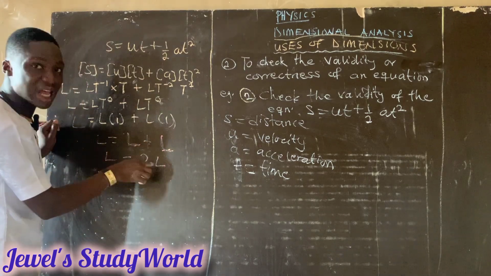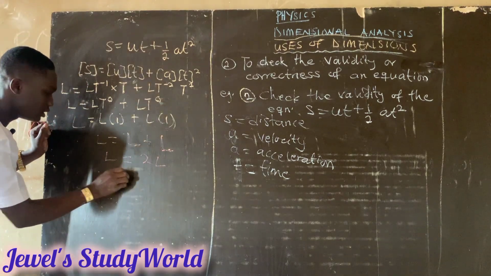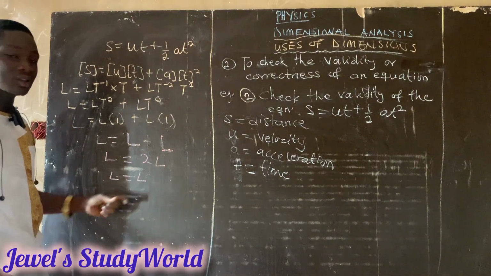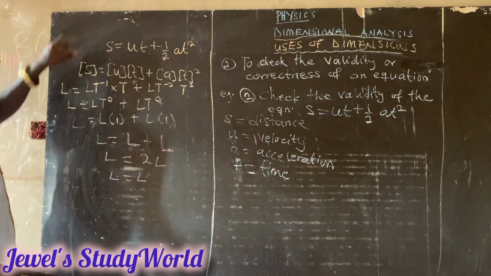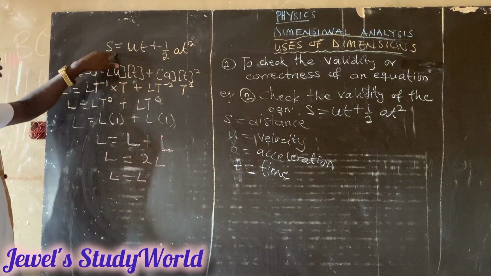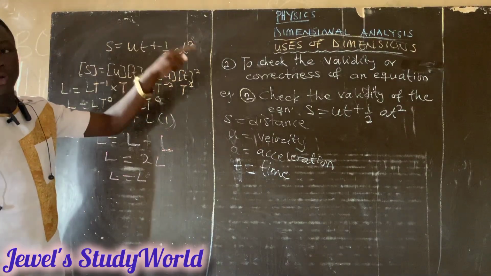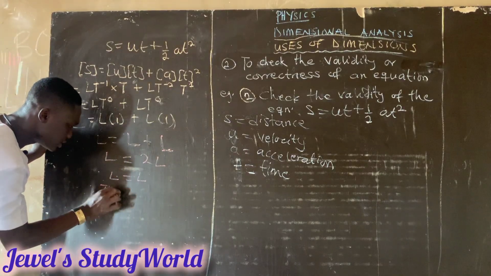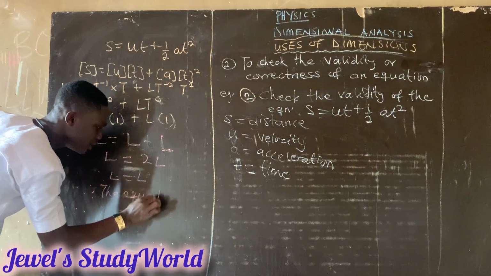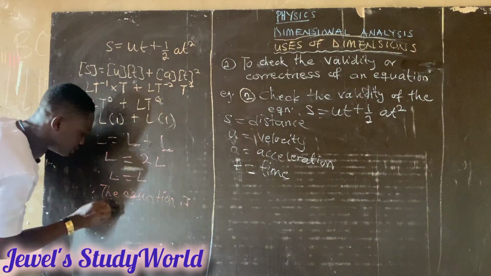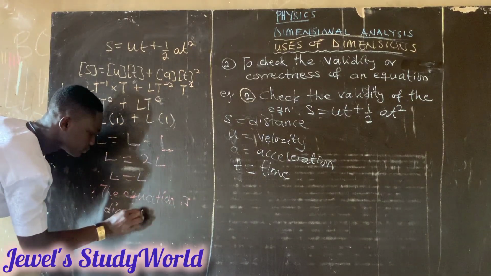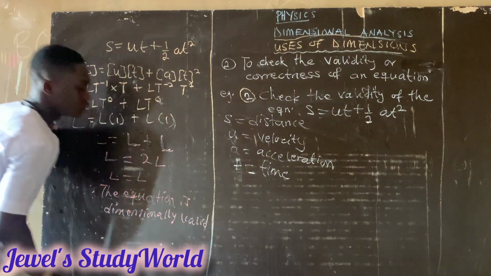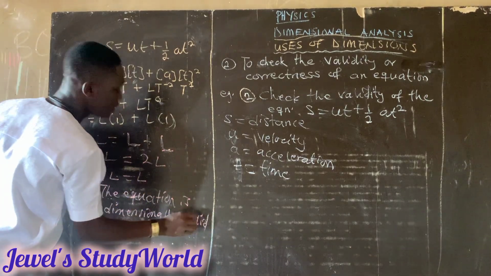Since the 2 is dimensionless, you have that L is equal to L. And since the dimension on both sides of the equation is the same, it means that the equation S is equal to ut plus half at squared is also dimensionally valid. So therefore the equation is dimensionally valid.